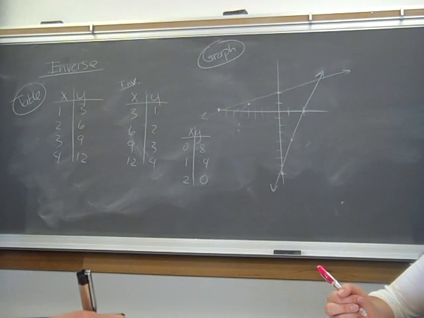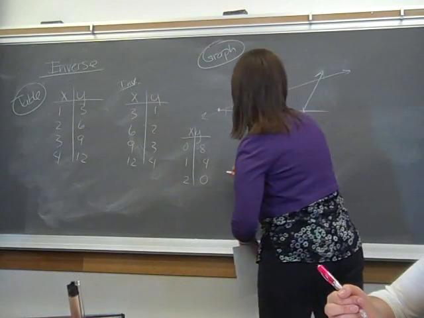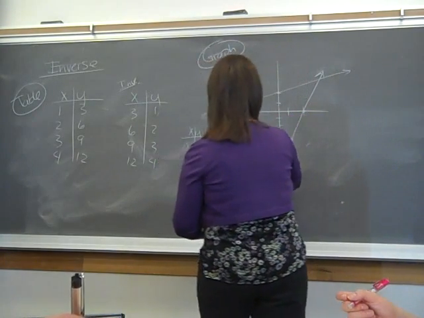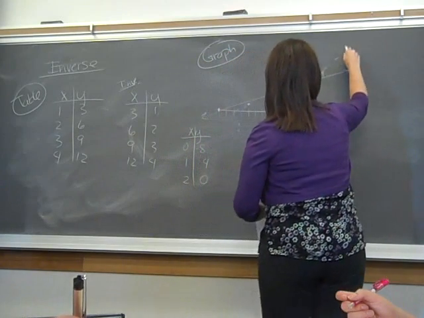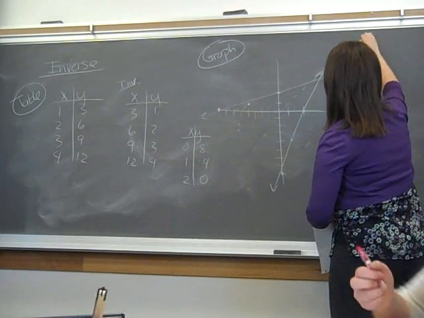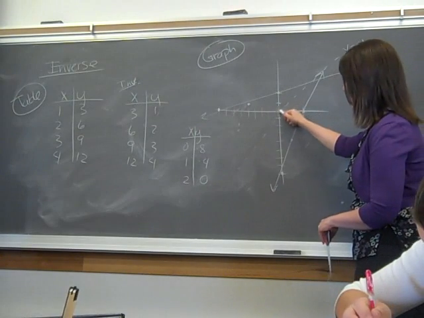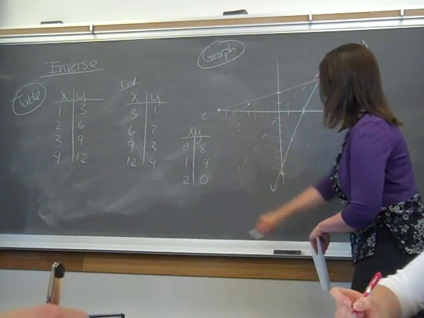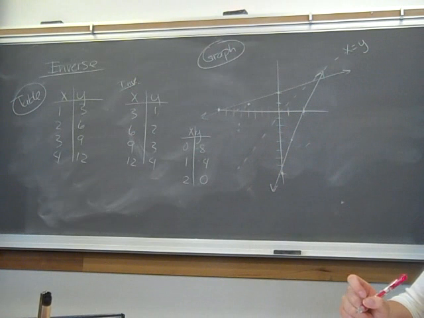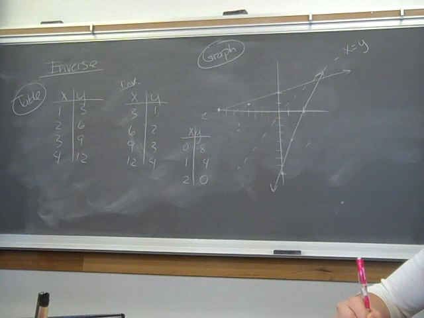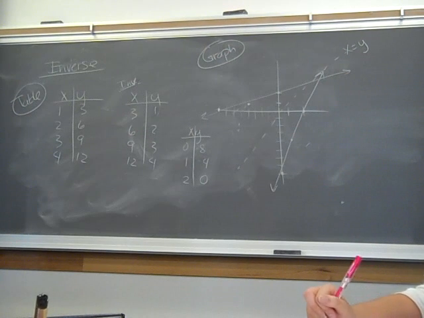Now I want to show you this principle. Okay. The inverse, hopefully you can see those dotted lines, will always reflect over the line, or is symmetric to, however you want to think of it.